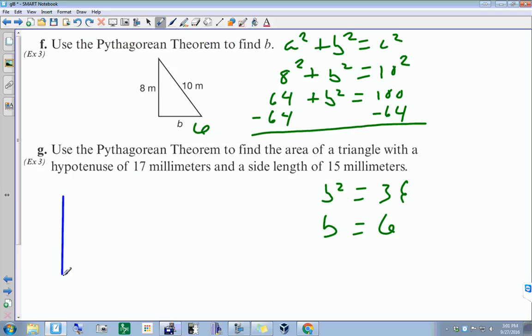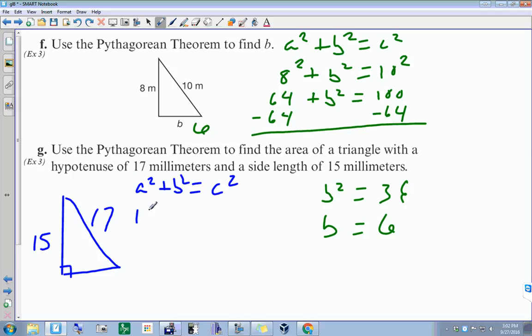So, I got a right triangle. It says hypotenuse is 17 millimeters, so that means the 17 is going to be over here, right? And it says one of the lengths is 15. I'll put 15 over here. Does it matter which one it is? No. So that means that I've got a squared plus b squared is equal to c squared.